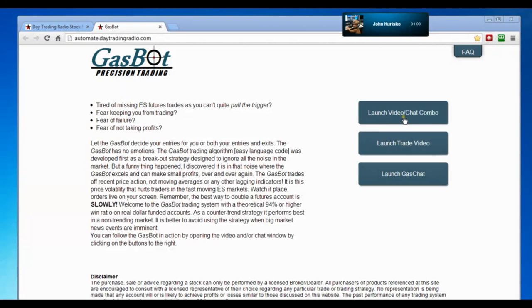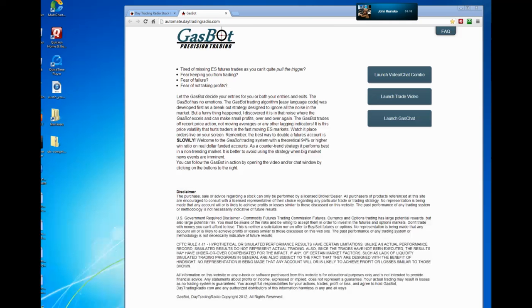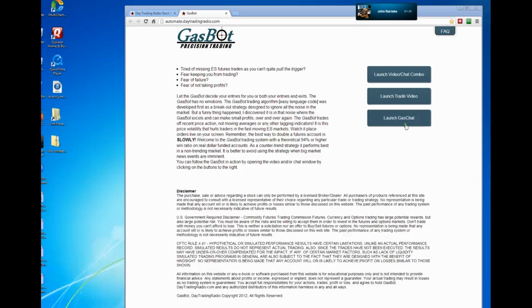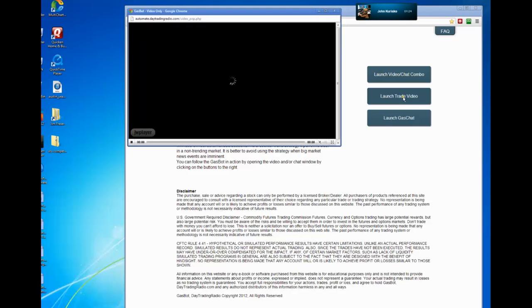The first one launches a side-by-side video and chat, and that was the first rollout. It's a little awkward and hard to size, but the best thing you can do is go ahead and use the 2 different chats separately. So you can launch the trade video, and it will show up.